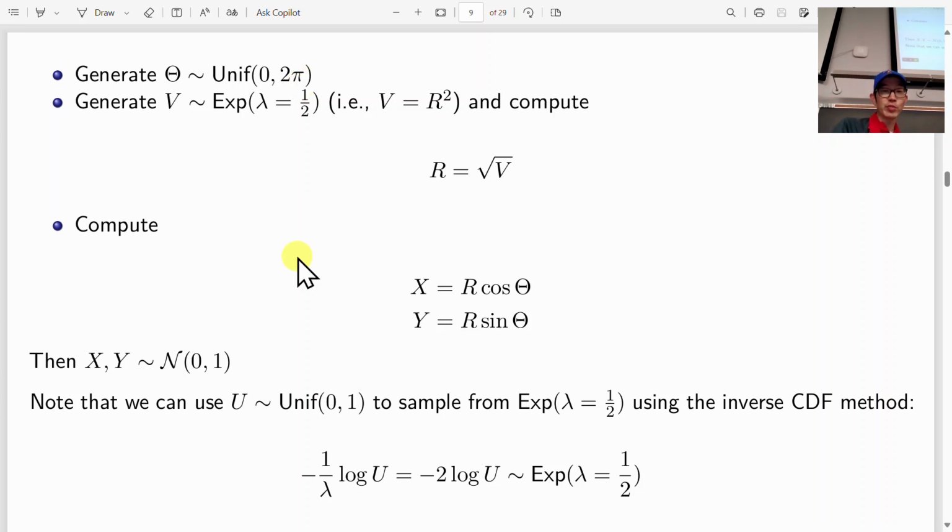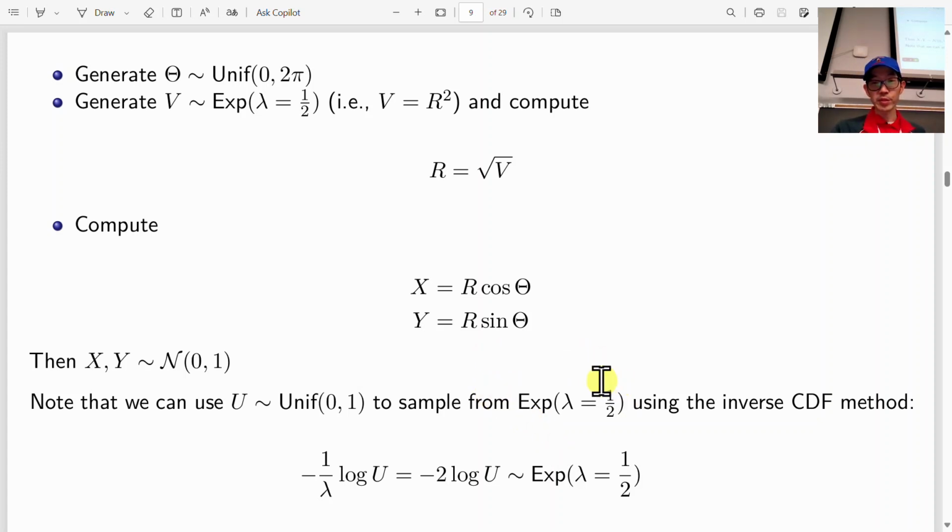And to go from a random uniform 0 to 1 to an exponential, you would use the inverse CDF method. Basically you can just take the log of your uniform random value, and that will be an exponential random variable.